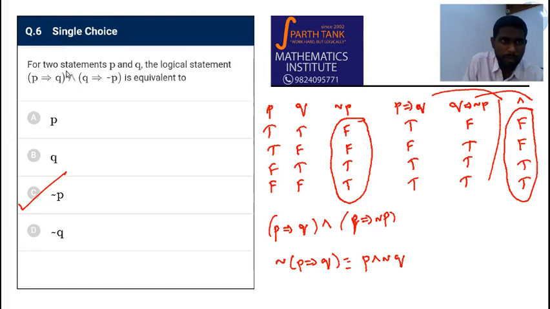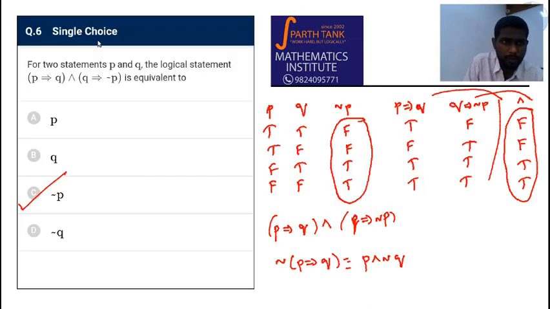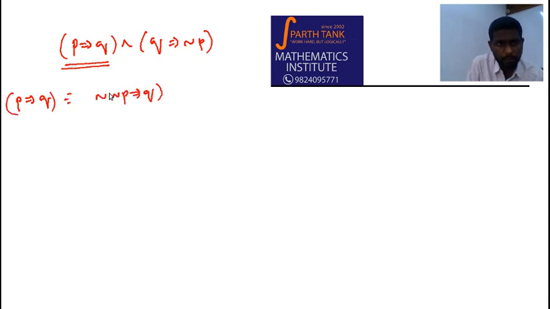So we see we have P implies Q and Q implies not P. Right? So how to simplify this? I take P implies Q as not of P implies Q. So this becomes not of P and not Q. And using De Morgan's laws, this can become not P or Q.